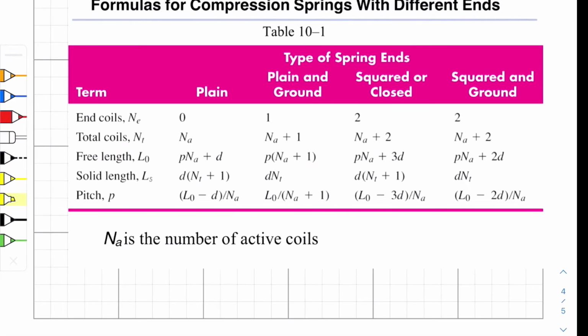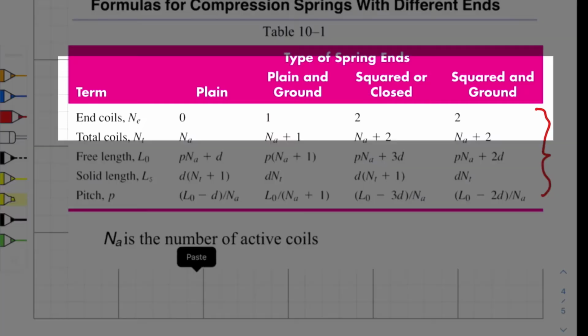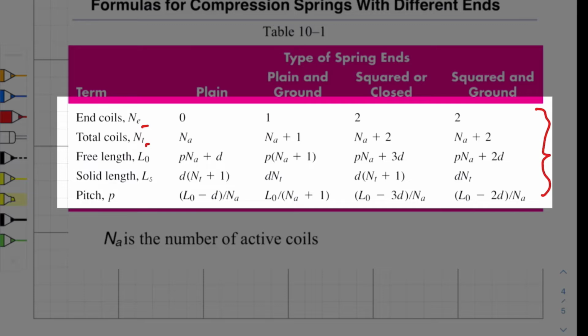You use these equations to sort out a number of things like what are the number of end coils, what are the total number of coils, you have to count those, what is the free length, meaning you aren't applying any load, how long is the spring end to end, what is the solid length when you completely compress the spring so that all the coils are touching each other, and then what is the pitch when the spring is allowed to be free.